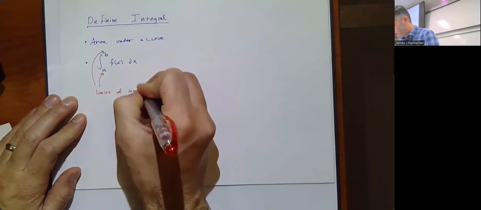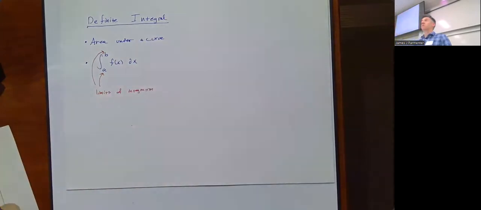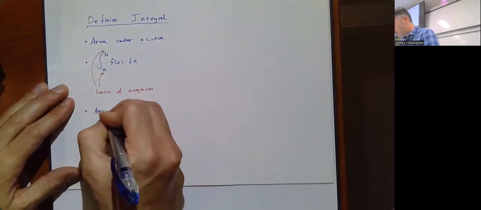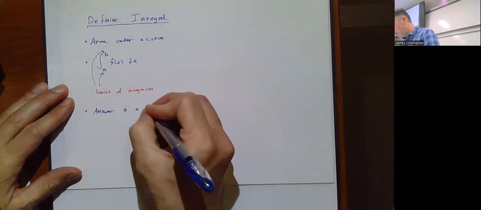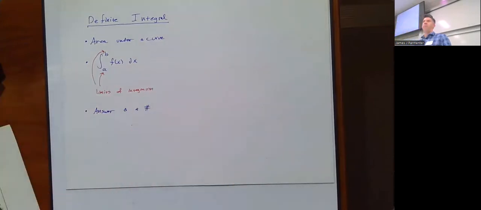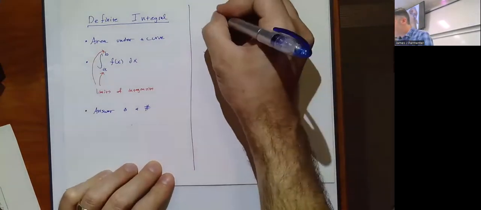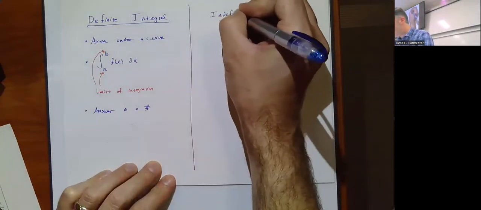And very importantly, your answer is a numerical value. When you find the definite integral, the answer is going to be a number like 5 or pi or negative 17.2. On the other side of things, what we've been doing so far are indefinite integrals.